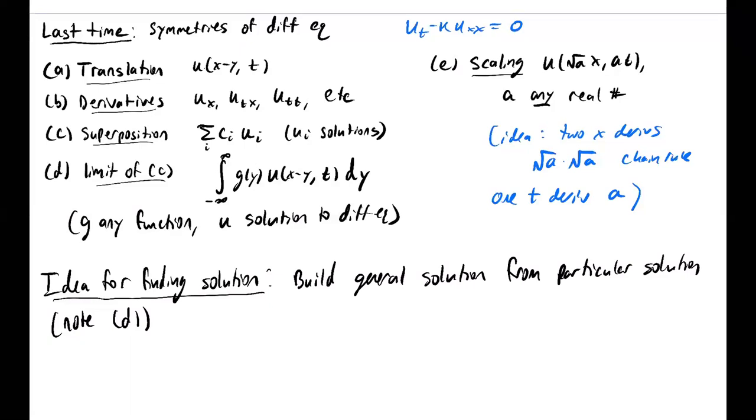And so the formula that we're going to have for the solution to the diffusion equation is going to look a lot like the integral in symmetry number D. And so one important observation is that from property E, which is the scaling condition, any particular solution that we find needs to satisfy the scaling property.